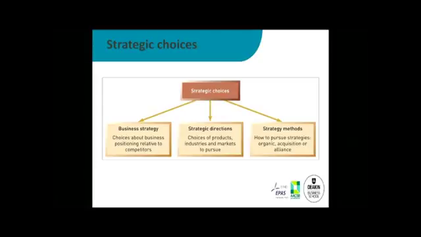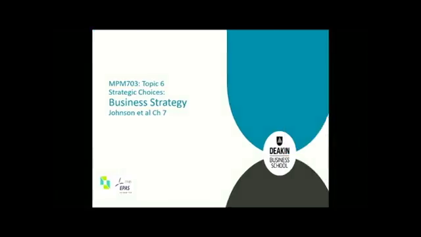We can say we're simply going to buy into that market, or we can establish a partnership. So we've got three different components: the choices about how we compete, the choices about what we compete with, and the choices about structure. So that's just a brief introduction to the idea of strategy as a choice process.